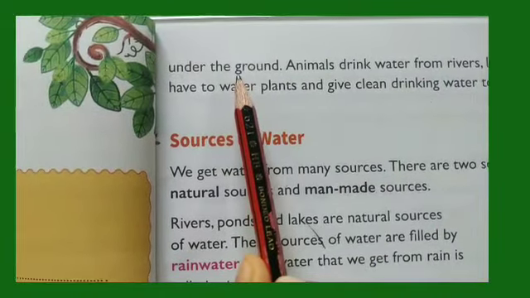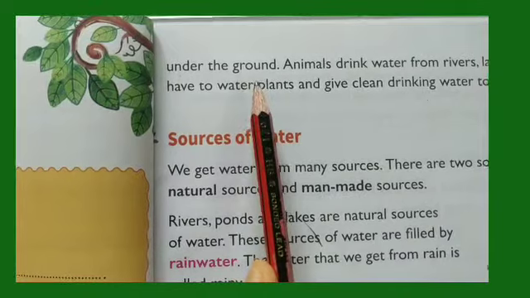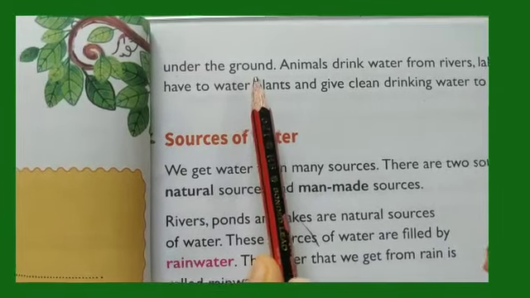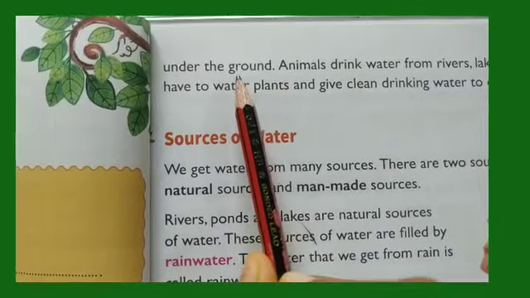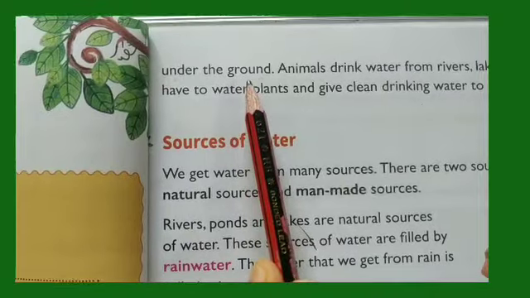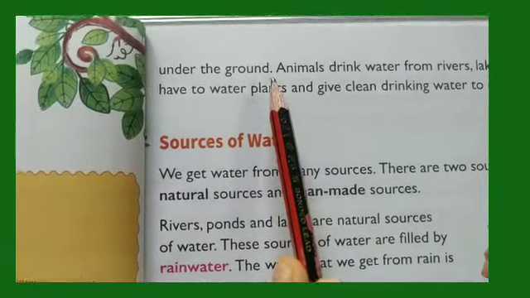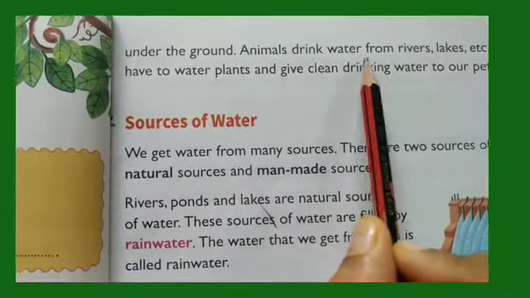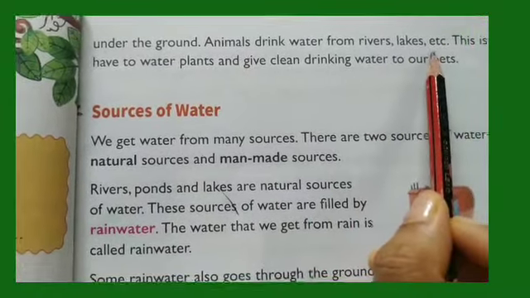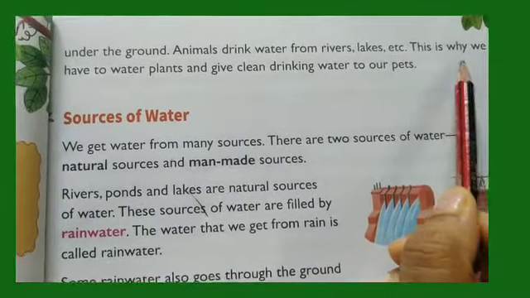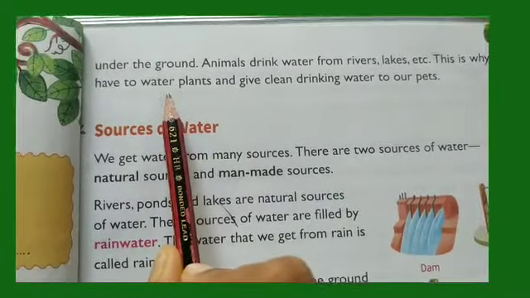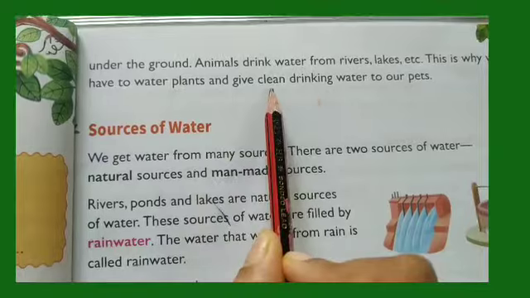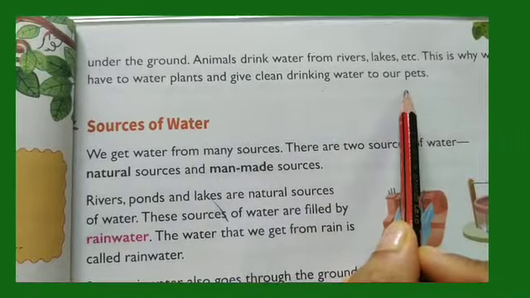That water that passes through the soil and goes down underground and waters are collected. So the roots take water from there. Fine. Now, animals drink water from rivers, lakes, etc. This is why we have to water plants and give clean drinking water to our pets.